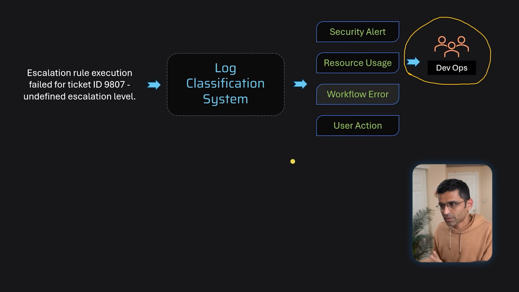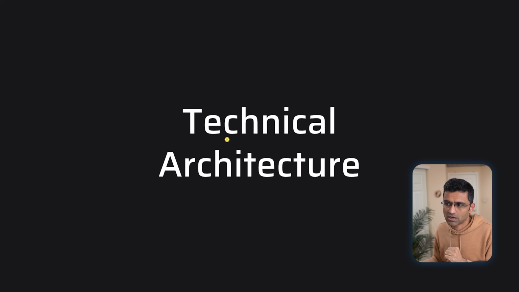So the purpose of this tutorial is to build a log classification system which can take an input log and classify it into one of the functional categories. I'm listing 4 here. We are going to have more categories. Let's look at the technical architecture now.